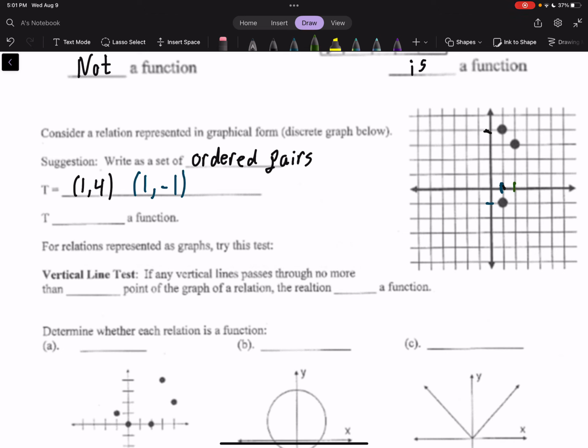We have an x value of 2, y value of 3. With those coordinates, we can see we have 1. This is 2, I apologize. We have 1 listed twice. One has a value of 4, one has a -1. This is not a function.